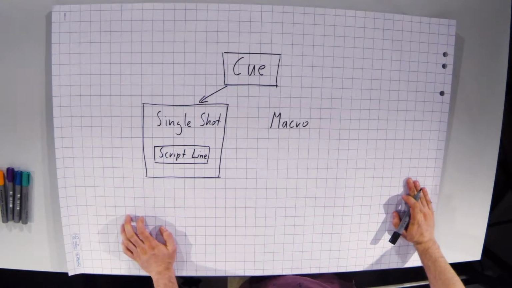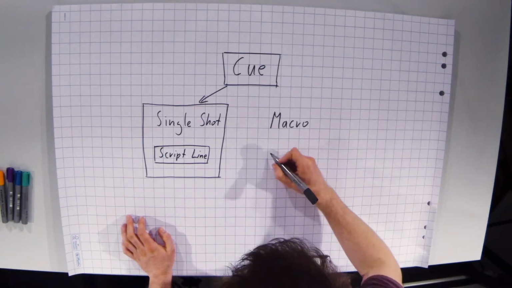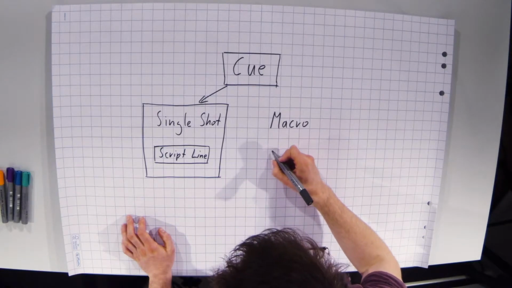The other queue type is the macro, and the macro can now consist, of course, of several script lines.